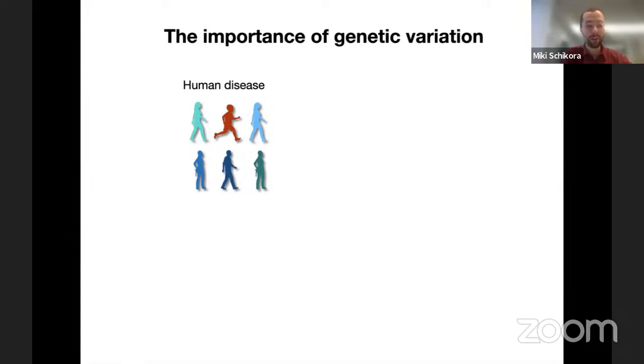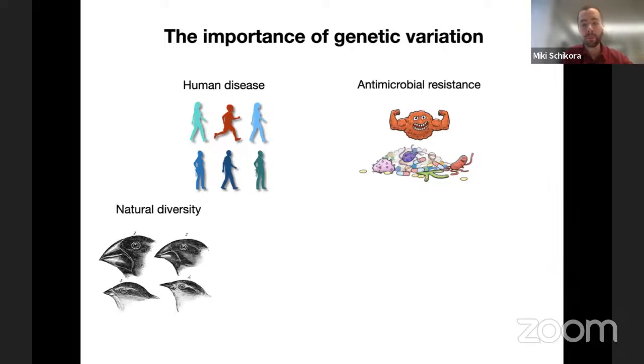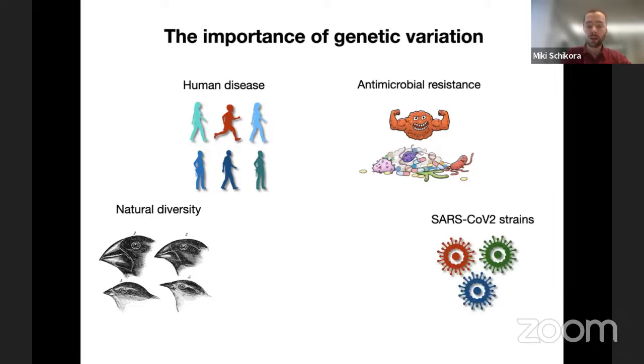For example, you may be studying how specific genetic variants contribute to human diseases or to antimicrobial resistance. For instance, in my PhD, I was studying these processes. Or maybe you're interested in how they shape natural diversity, or maybe you want to use genetic variants to define strains of some pathogens like SARS-CoV-2, right?